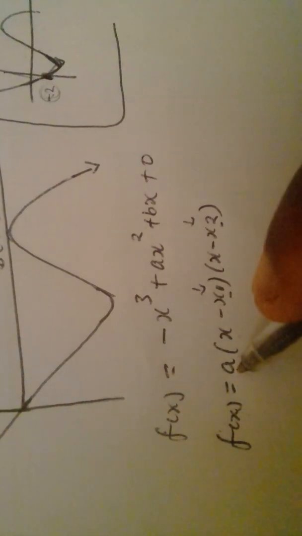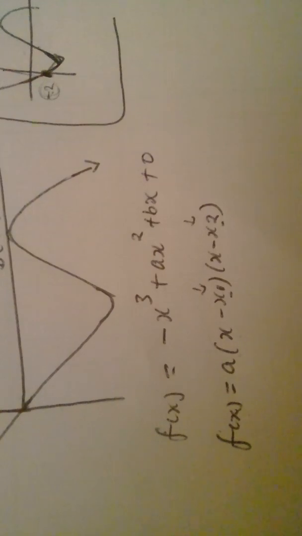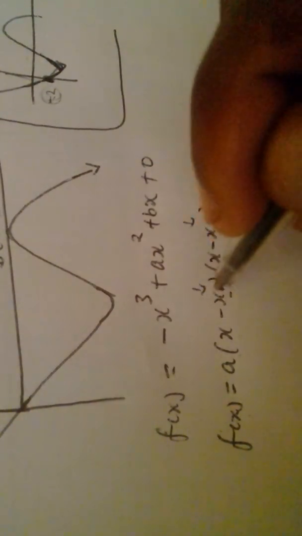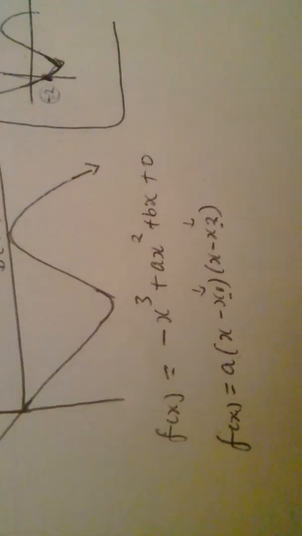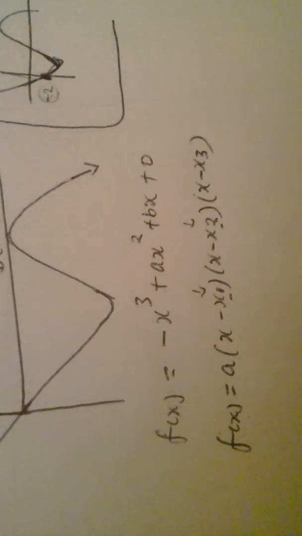So you use this equation, f of x equals a times x minus x1 times x minus x2, in a parabolic function if you have the intercepts, x1 and x2. But now we are in cubic, so we add x minus x3.